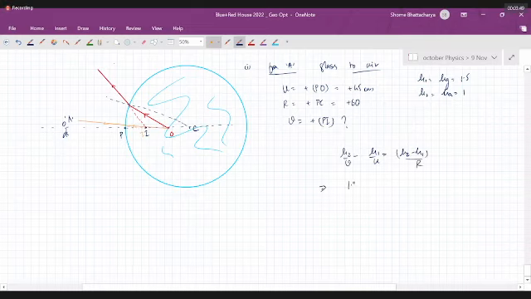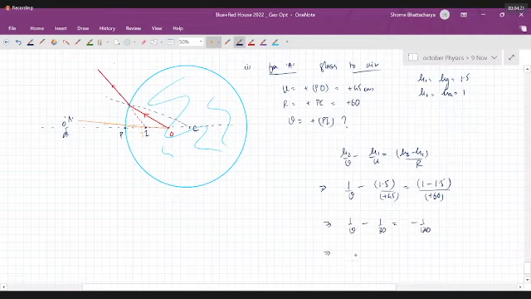So 1 by V, my mistake, 1 by V minus 1.5 by U, which is plus 45, is equal to mu2 minus mu1 by R. So 1 by V minus 3 by 2, so that will become 15 into 2, so 1 by 30 is equal to minus 1 by 120.